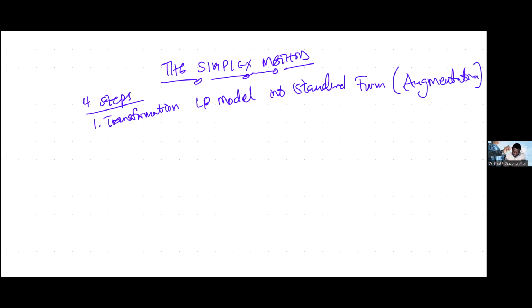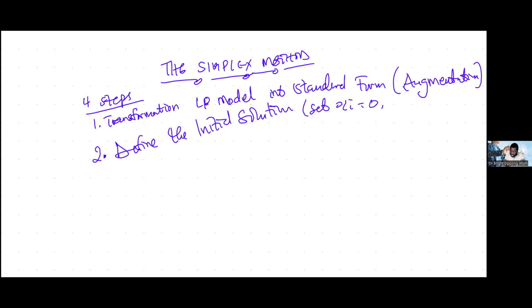After the transformation, the second thing to do is to define the initial solution of the LP model. The initial solution is obtained when we set the decision variables x1 to xi to 0, where i is the number of decision variables.